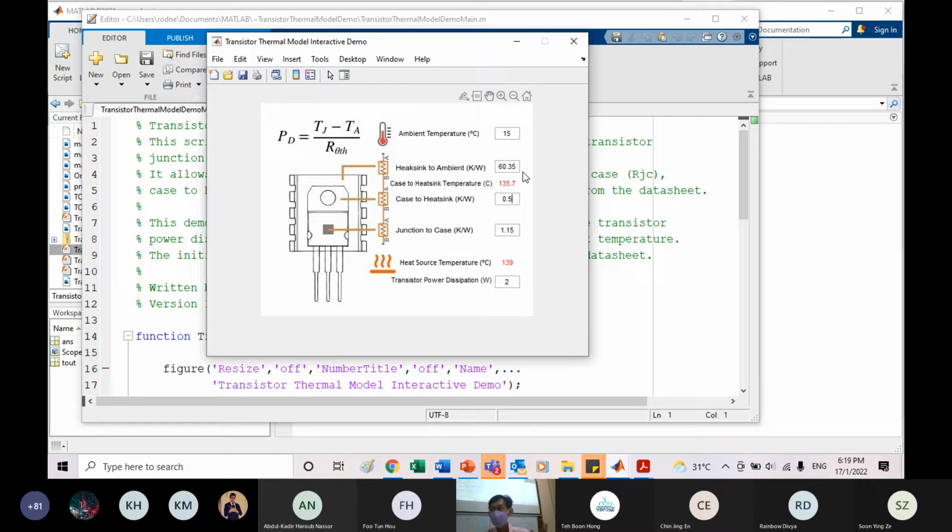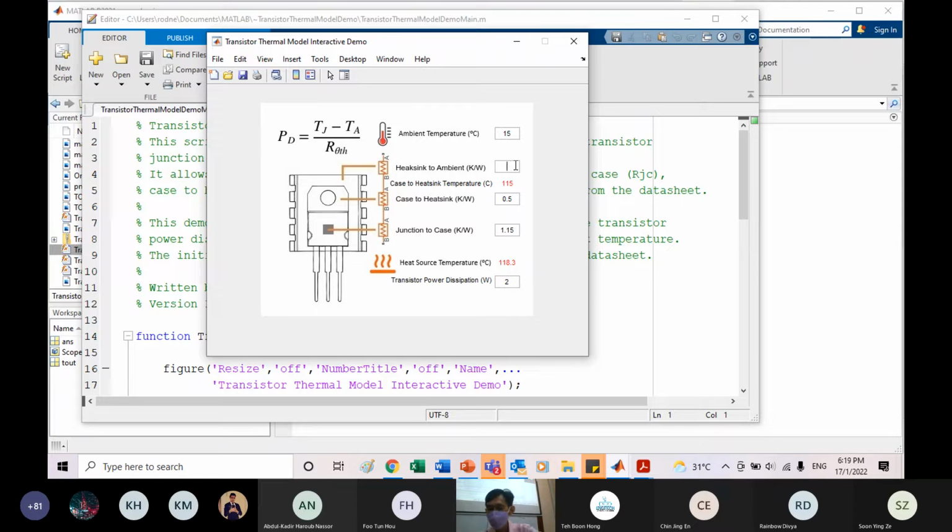Higher conduction, right? Sorry, not higher conduction, it's lower, because the unit is Kelvin per watt. So sorry, I got it the wrong way round. I lower the thermal resistance, so it becomes a bigger heat sink, so you can reduce the temperature.